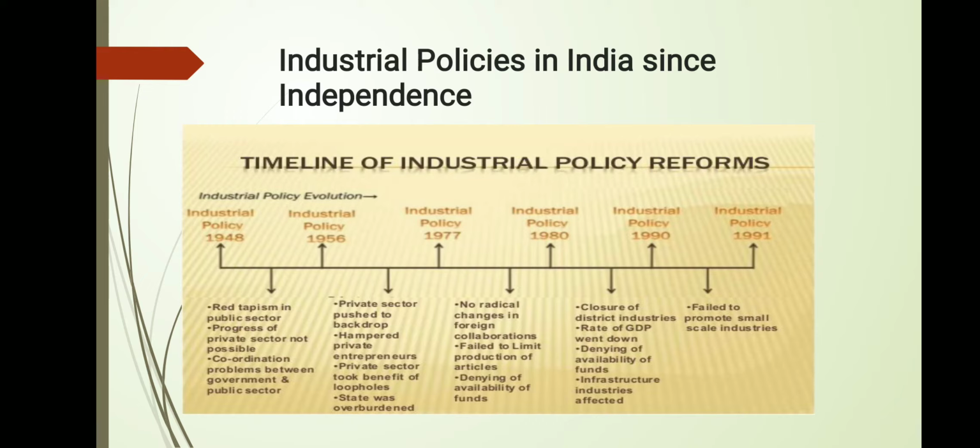basic industries, nothing but the public-private sector. Here the government has categorized six industries: coal industries, iron and steel industries, aircraft manufacturing industries, shipbuilding industries, manufacture of telephone, telegraph and wireless apparatus, and mineral oil.